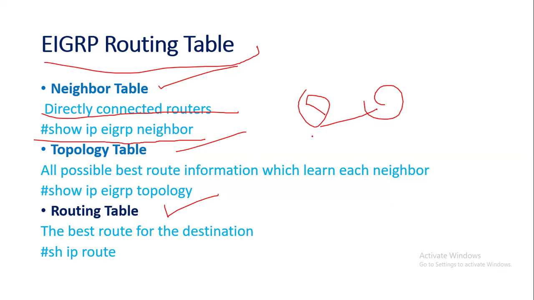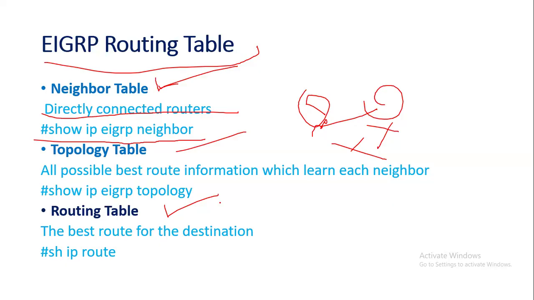If you have configured EIGRP on this router but not on that router, no communication will happen, and no hello, update, query, reply or acknowledgement messages will be seen. That comes under the neighbor table.